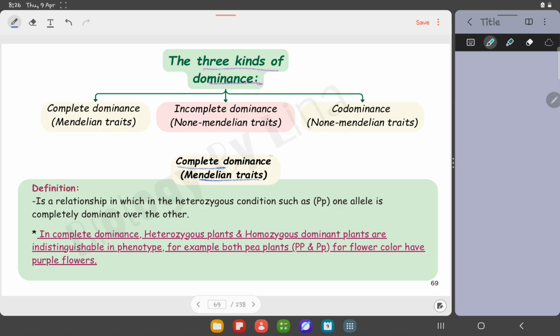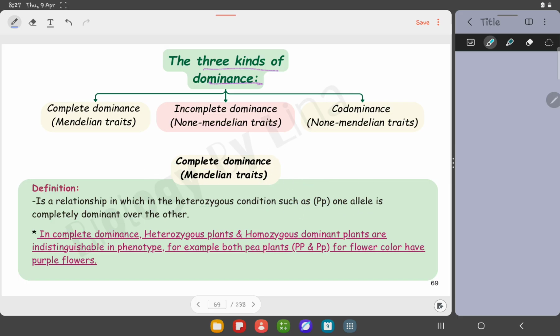Complete dominance, or the Mendelian trait, is a relationship in which, in the heterozygous condition, for example, capital P small p, which is for purple flower, one allele is completely dominant over the other. That's why it's named as complete dominance, because the capital letter or the dominant allele will dominate or cover or mask the effect of the recessive one.